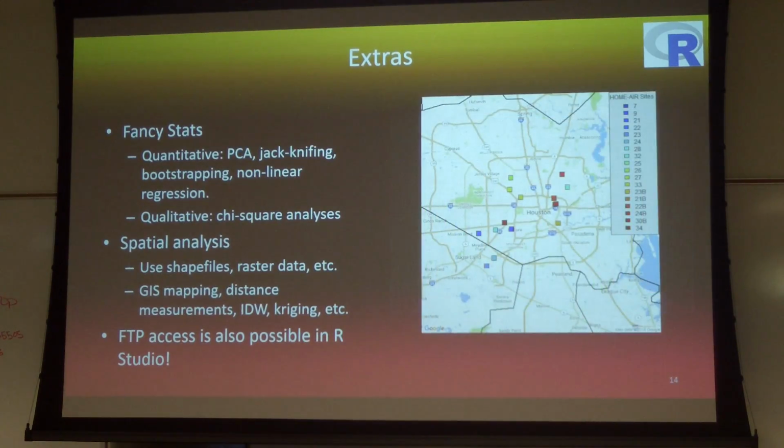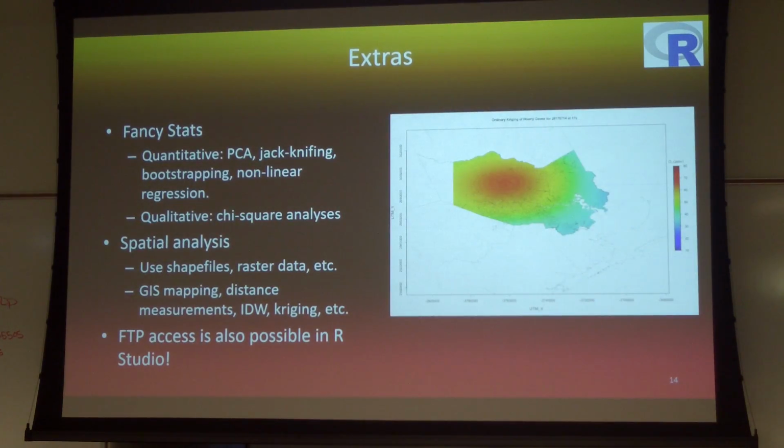You can do that within R. You can create maps with different locations across a Google map even. You can use Google Maps, you can use OpenStreetMaps, you can do a variety of different types of mapping with that, including stuff like this, where we interpolated data over a city, Houston. So all these things were done completely in R.